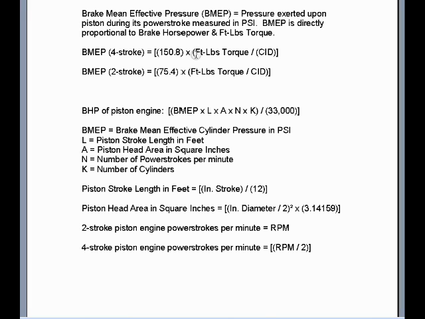That would be equal to the foot-pounds torque reading at a given RPM divided into the cubic inch displacement times 150.8. If there is a 1-to-1 ratio between foot-pounds torque output and cubic inches, then the PSI pressure during each power stroke will be equal to 150.8 PSI.